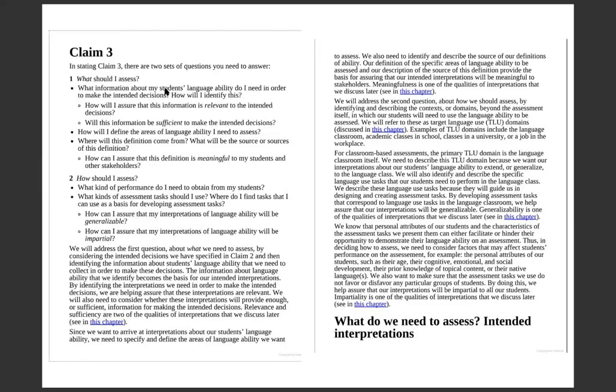Well, in that case, I consider, and according to what I read too, you need to take intended decisions once you have something that needs to be assessed. So, for example, writing skills. Writing is a productive skill. Therefore, it is something that can be easily evaluated.